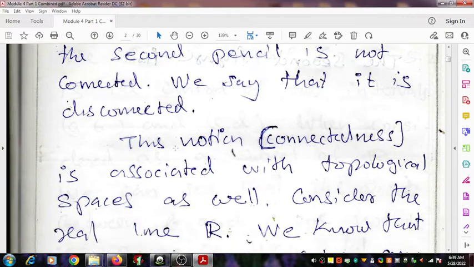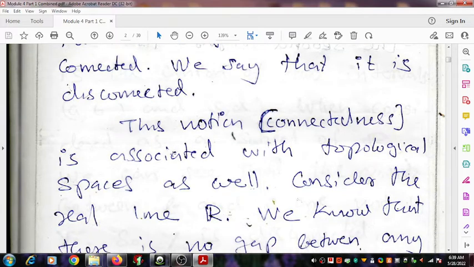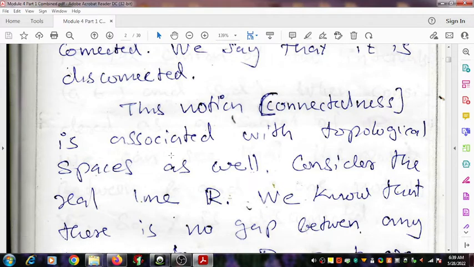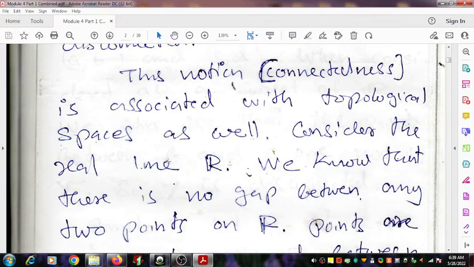The notion of connectedness associated with a topological space can be explained using some examples, so we use some examples to explain that concept a little more. Let us take X equal to R, the real line.